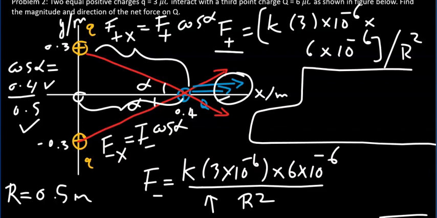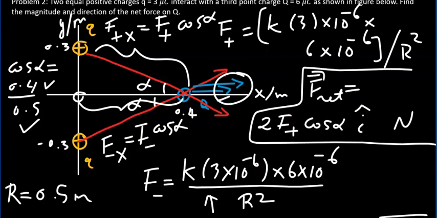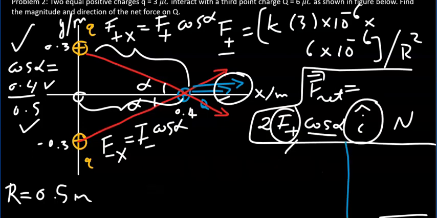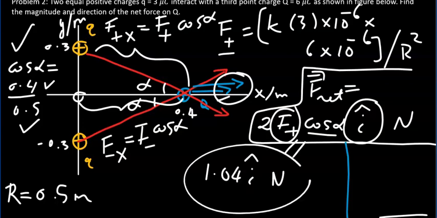So note that F plus and F minus are the same. So the net force is this plus that, so 2 times F plus, or 2 times F minus, times cosine alpha, which we already know, i hat, which will result in 1.04 i hat newtons. And that's the answer.